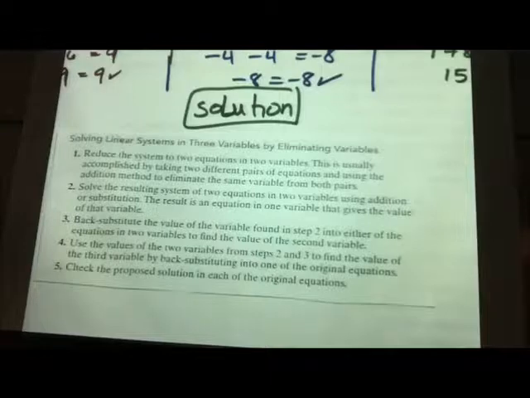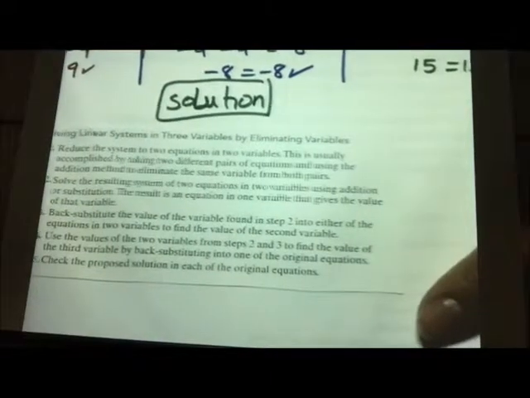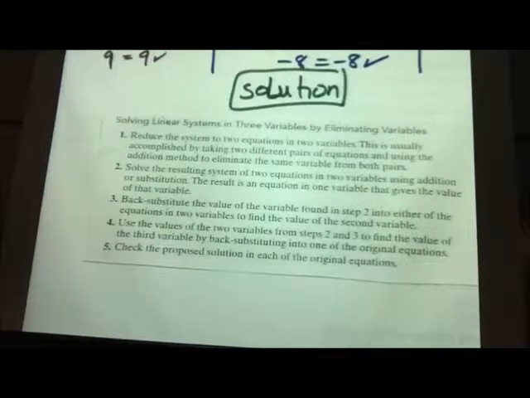So once you have 2 systems with 2 variables, we're going to do exactly what we did in the previous lesson. Just solve for x or solve for y or for z, whatever you end up with. And then you're going to substitute back values to figure out the other 2 variables. So the steps are there in case you want to read them and understand them. I basically just summarized them.